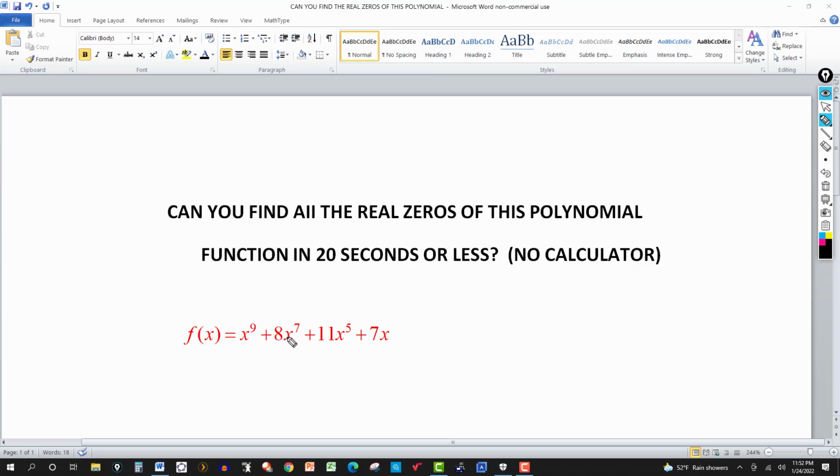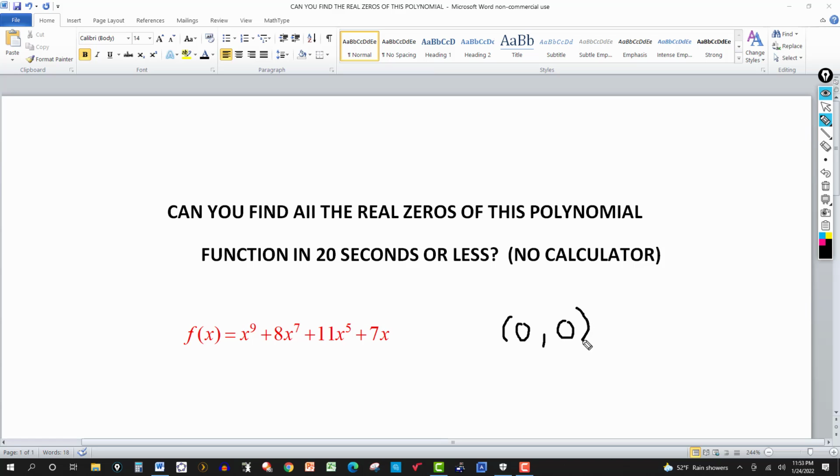Because every term here has an x, it should be clear that if I replace the x by 0, then I get 0 here, 0 here, 0 here, 0 here. Then the value of the polynomial function is 0.